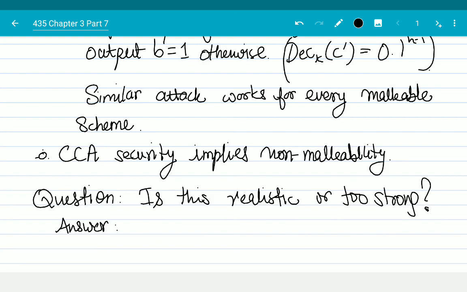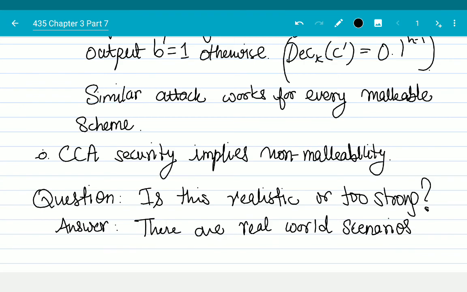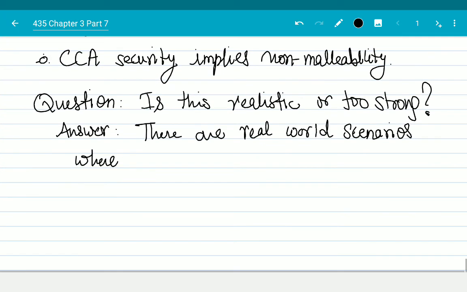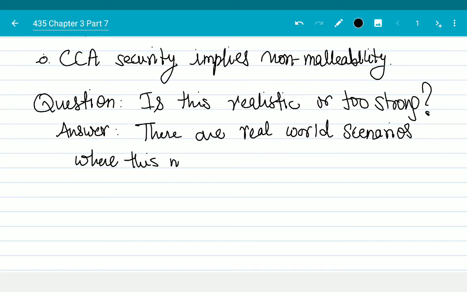For example, there are real world scenarios where this might occur.